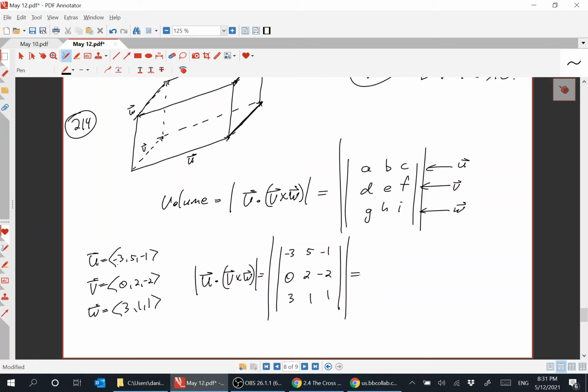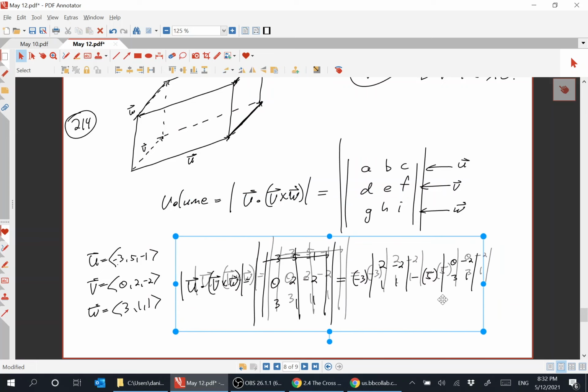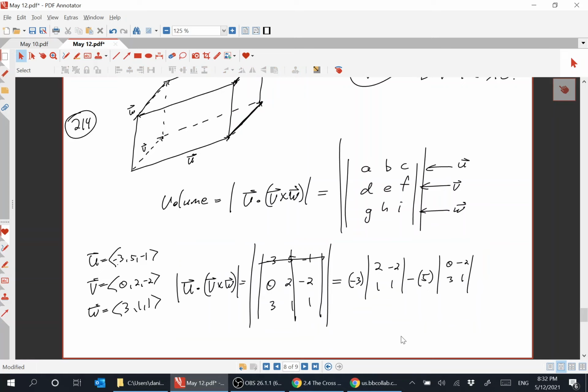So that's equal to... Instead of having i, j, and k, you just have negative 3, 5, and negative 1. So it's negative 3 times the 2 by 2 determinant 2, negative 2, 1, 1, minus 5 times the 2 by 2 determinant 0, negative 2, 3, 1, and then minus 1 times the 2 by 2 determinant 0, 2, 3, 1.